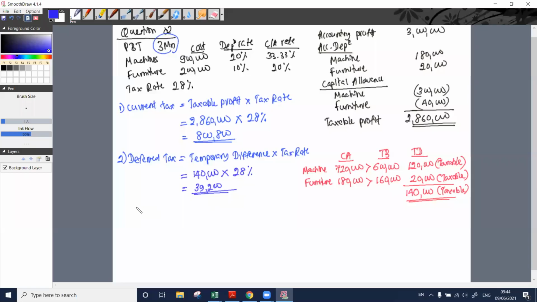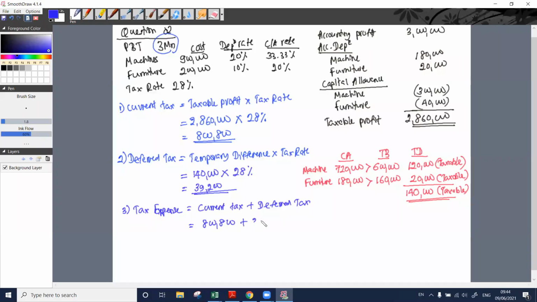And as the last part, we are asked to calculate the total tax expense. Total tax expense means what? The sum of current tax and the deferred tax. Current tax we have computed, it is 800,800.